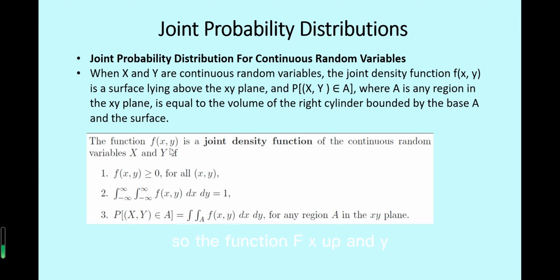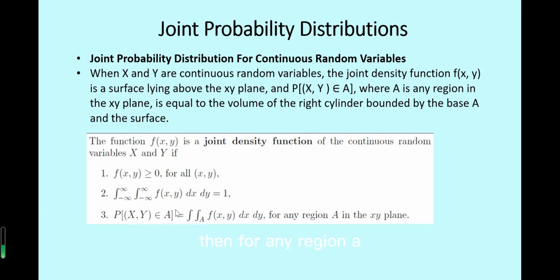So the function f(x,y) is a joint density function of the continuous random variables X and Y if f(x,y) is larger than or equal to 0 for all x and y, and the integration of f(x,y) over dx dy for all possible values from negative infinity to positive infinity equals 1, because the total area under the density curve is 1.